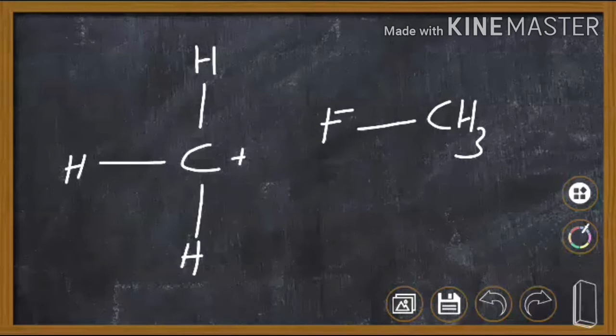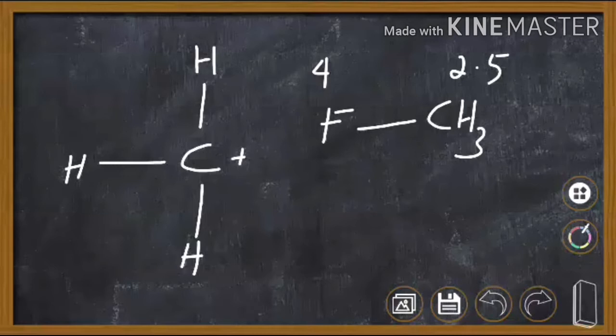So we know that fluorine is the most electronegative element in the periodic table, having electronegativity 4. And carbon has 2.5. According to the electronegativity concept, the most electronegative element attracts the shared pair of electrons.